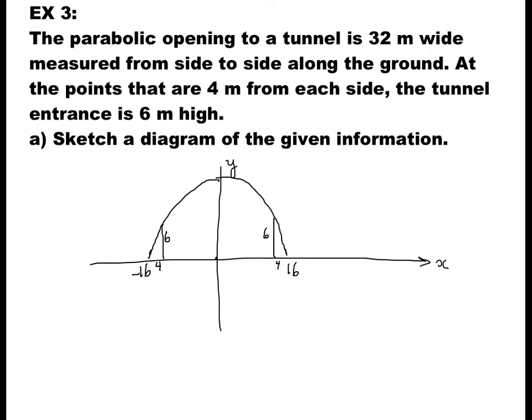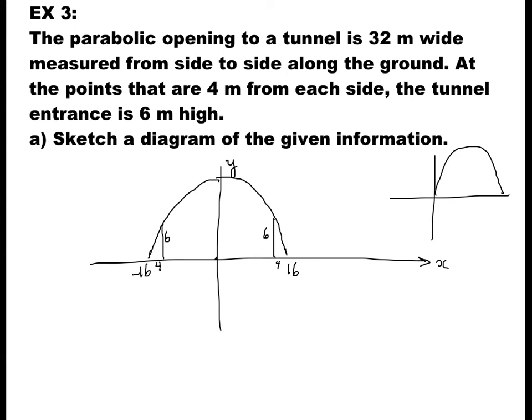Just remember that I can draw the graph so that the opening is going to be, let's say, this way. So there are infinite number of ways we can draw, and this means that there are infinite number of ways we can represent the equation representing the opening of the tunnel.